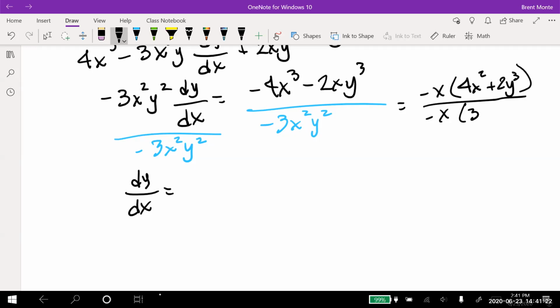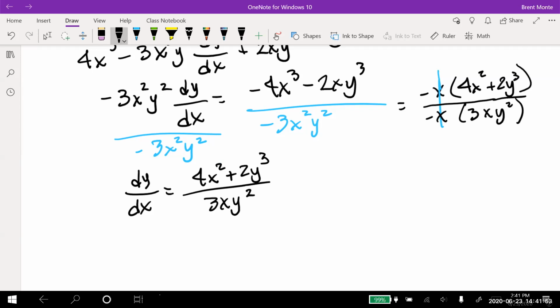I still have positive 3xy squared. But now those negative x's will cancel out. So I get dy/dx equals 4x squared plus 2y cubed over 3xy squared. It's a mess, but that's my derivative.